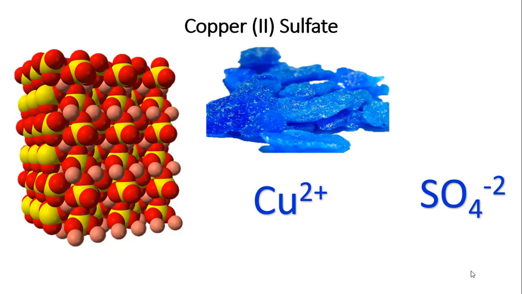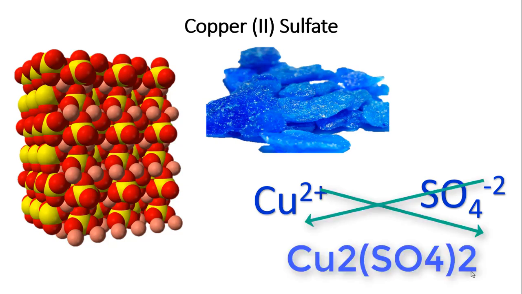So this is copper sulfate. This is what it looks like. And we have copper 2+, and then the sulfate anion has a 2- charge. And the way that you write the formula for this is you just crisscross those charges. You take the 2 from copper and you put it down where sulfur is, and then you take the other 2 from the sulfate anion and you put it down where the copper is.